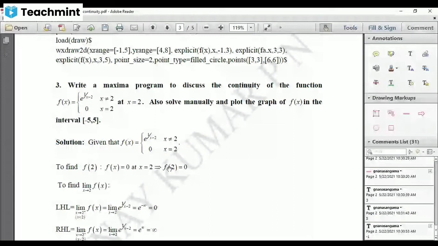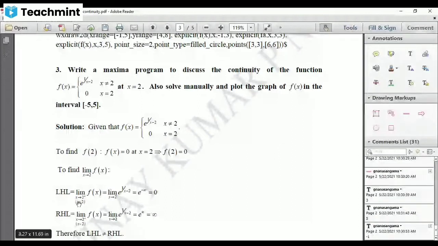Now let us find left hand limit. Left hand limit means x is less than 2. So if x is less than 2, then x is not equal to 2. Therefore, your f of x is this. Apply this. But here you should note, you are giving value for x less than 2.